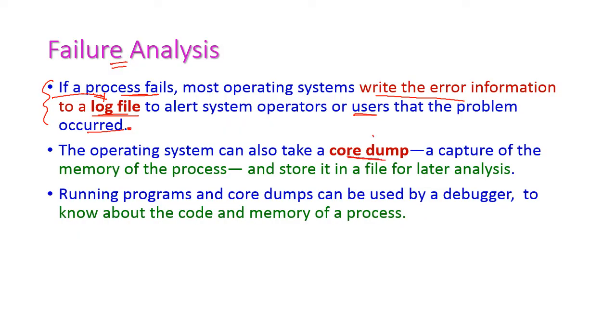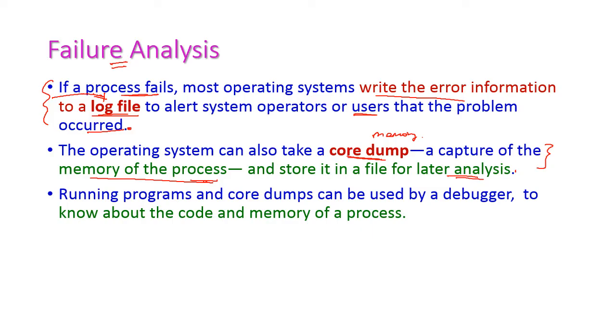Dump means memory, to capture the memory of the process. The process memory will be taken into the core dump and stored in a file for later analysis. Every piece of information will be stored in that core dump file also.